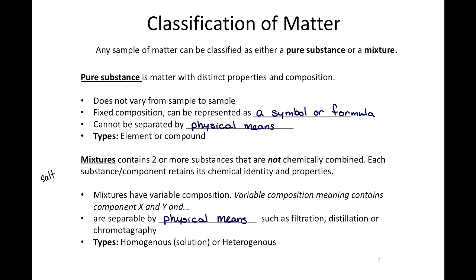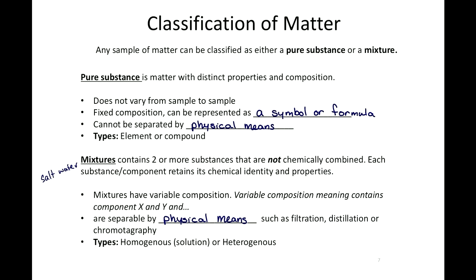If there's salt and water present, can we represent salt water with a single chemical formula? No. Salt is present, and salt is NaCl. Water is present. Water is H2O. Both of those things are present in that sample, but those two separate pure substances, they're not chemically combined. We've just mixed them together, right?